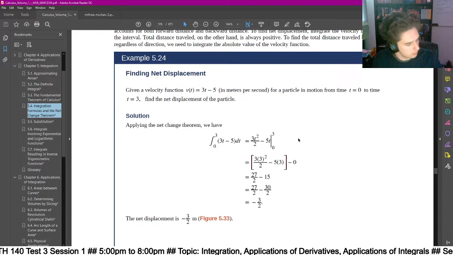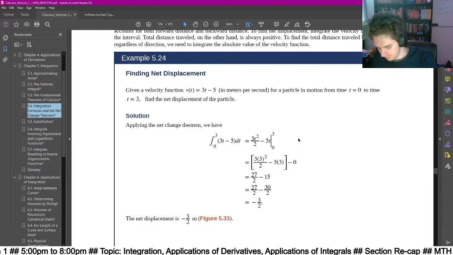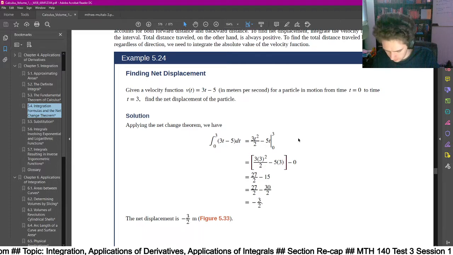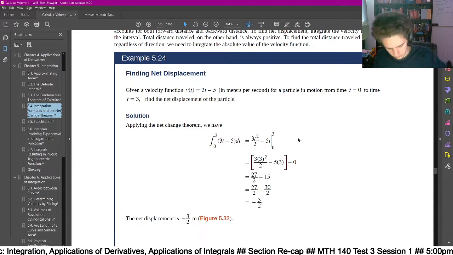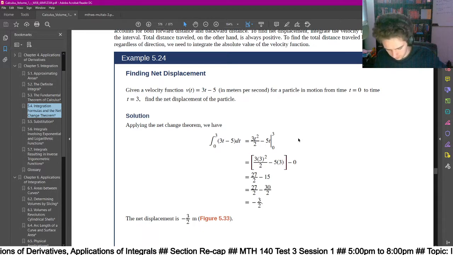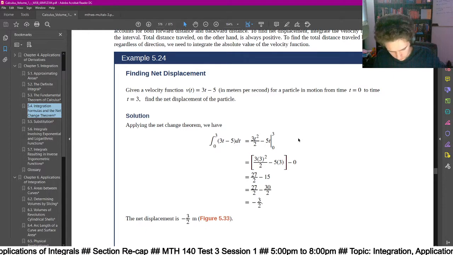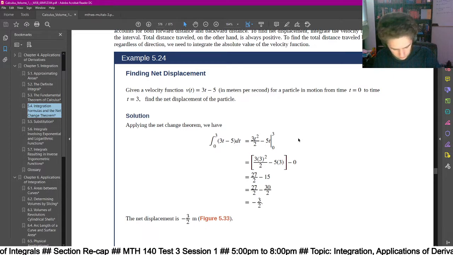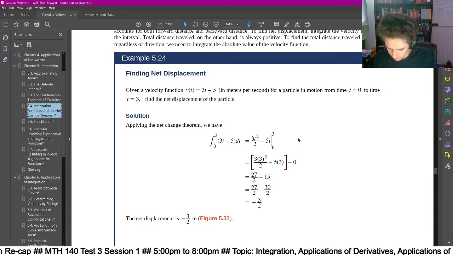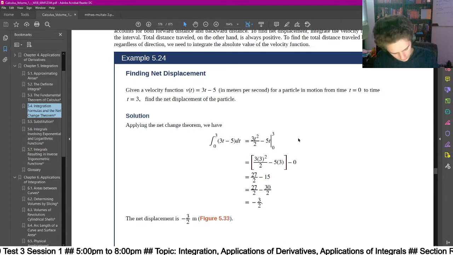Let's see what my notes have in my book for it. Yeah, it was pretty short. So, yeah, nothing much really from here.